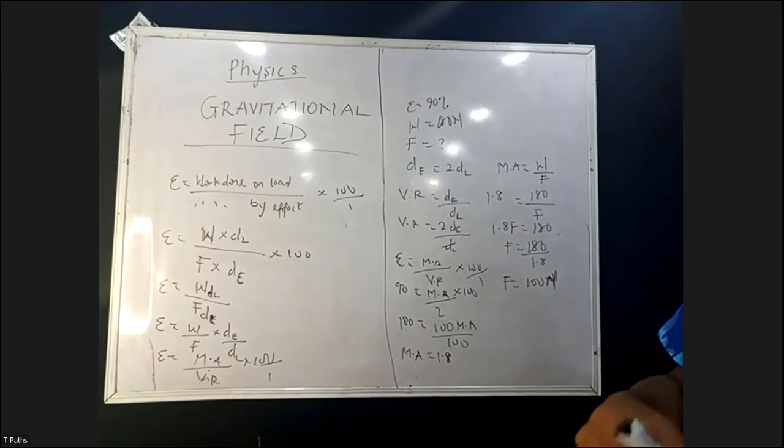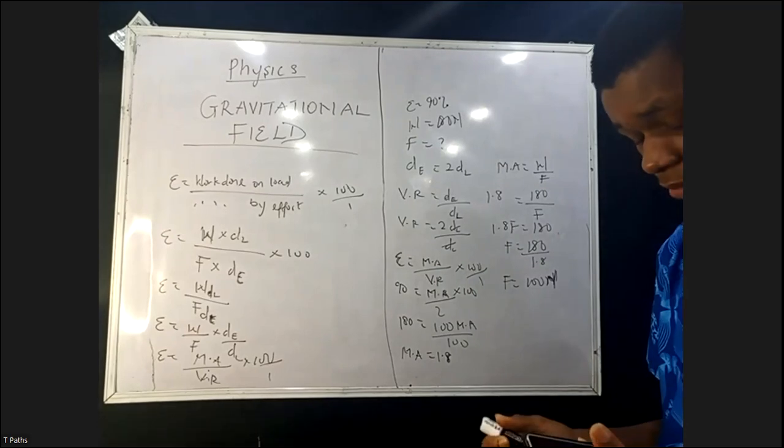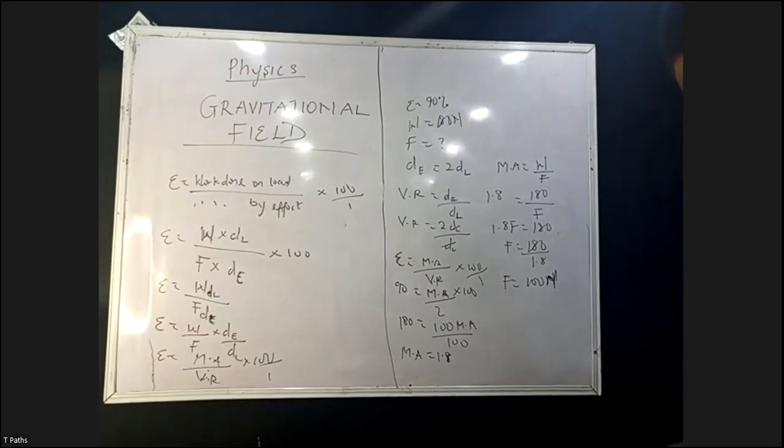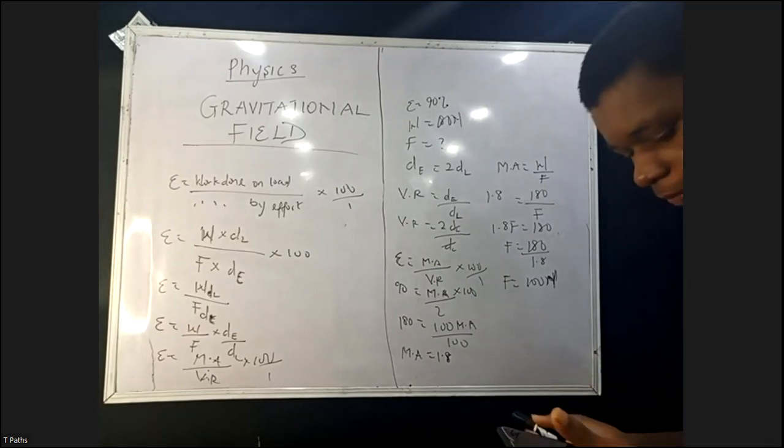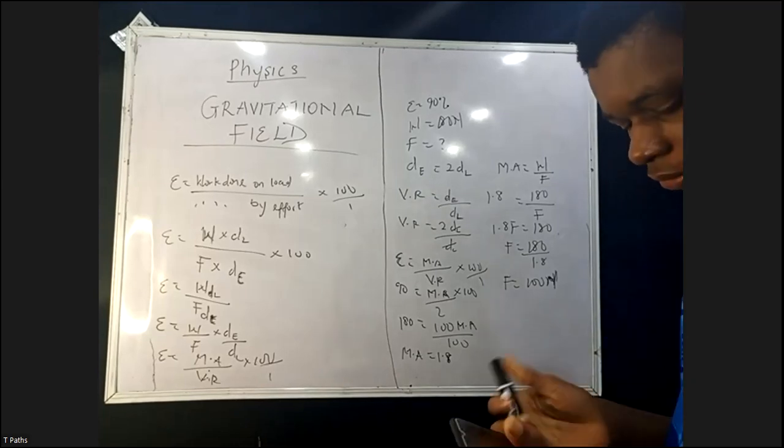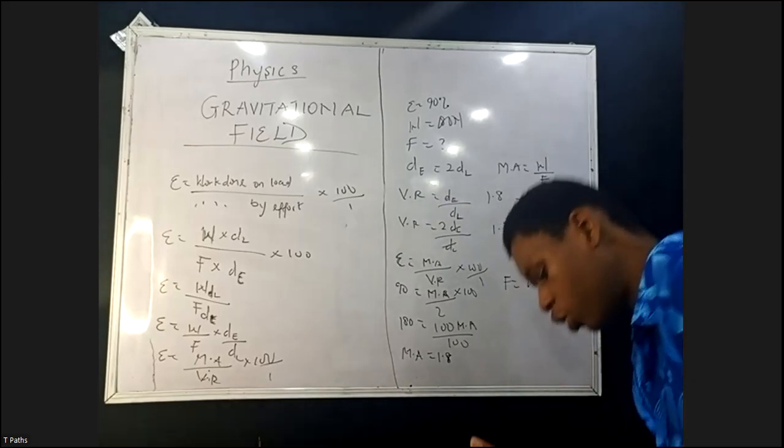Okay, I think you guys are following me. Okay, so I'll move to example 2. A machine whose efficiency is 75% is used to lift a load of 1000 Newton.